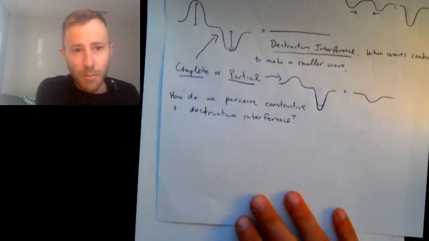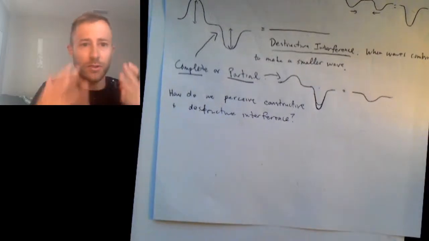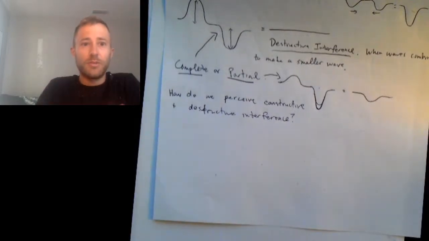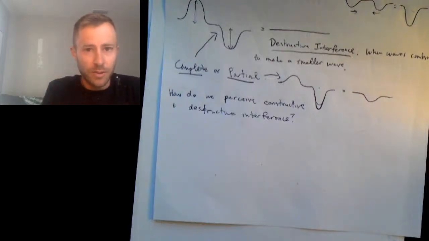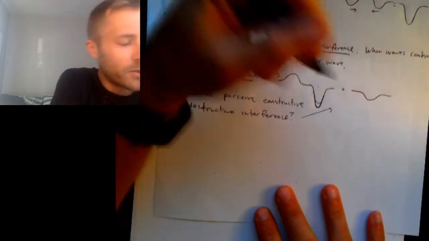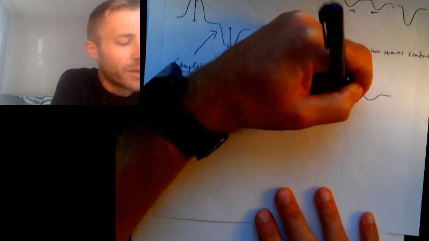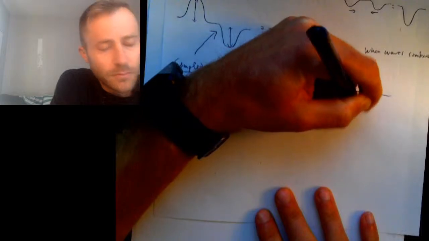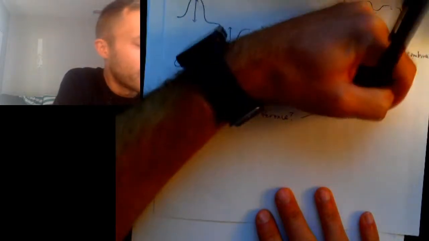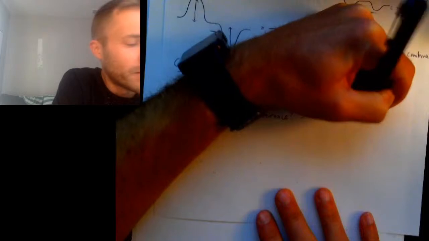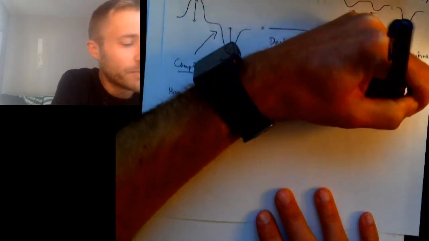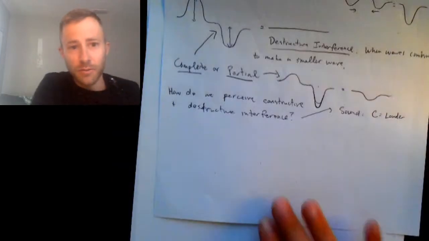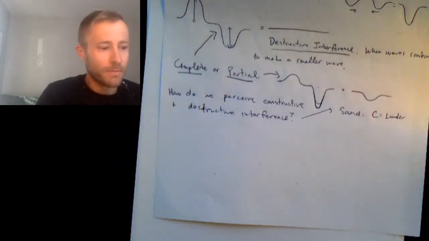Well, it depends on the type of wave. But remember, if it's constructive interference, the displacements get bigger. And if it's destructive, the displacements get smaller. So if we were talking about sound waves, okay, constructive means that it is louder, and destructive means that it is quieter.